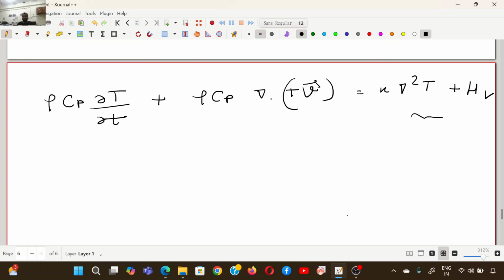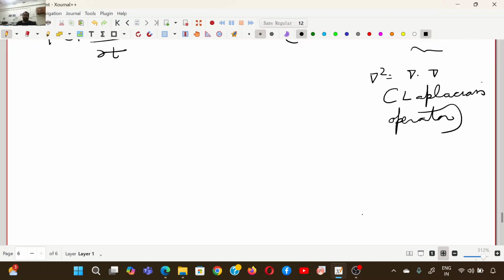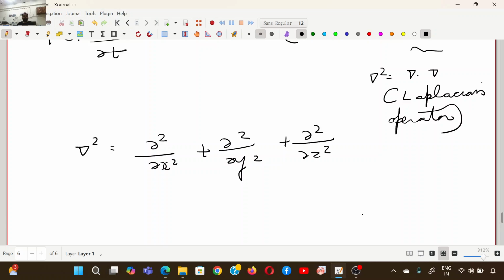This del square T is known as the Laplacian operator. Del square is basically del dot del. In maths it's known as the Laplacian operator. Like in Cartesian coordinates, del square will be dou square by dou x square plus dou square by dou y square plus dou square by dou z square.